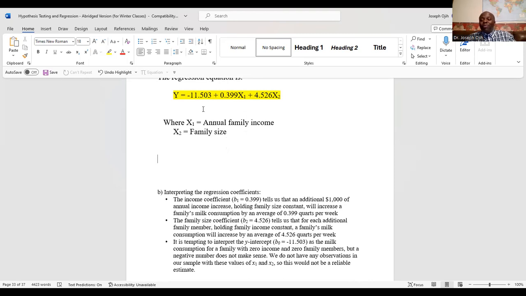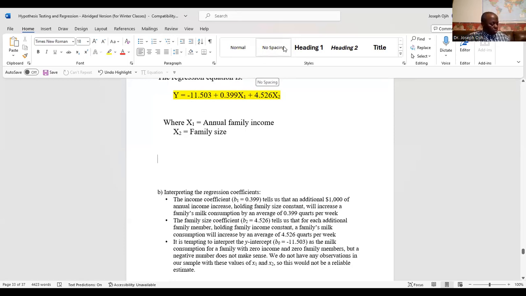But the bottom line is that the negative value doesn't really have any meaning. We don't have any observation in the sample of a family that has no income and no family member. Well, that doesn't mean that person doesn't eat. A person will still eat. So the negative value here doesn't really make sense. So just don't worry about it. So now I have explained what this means.